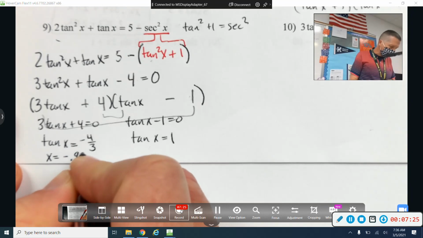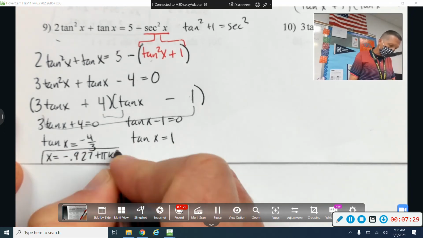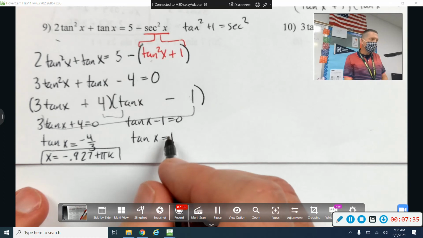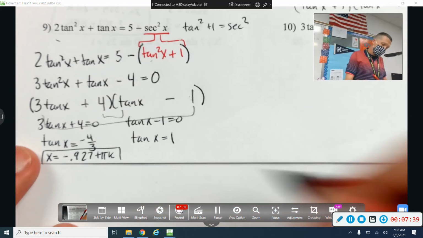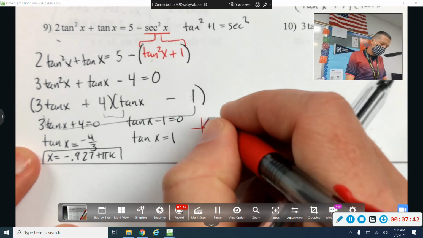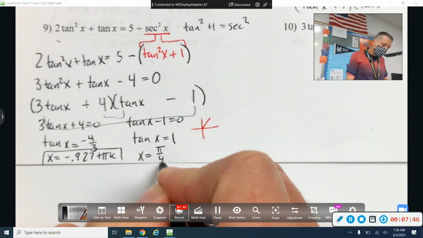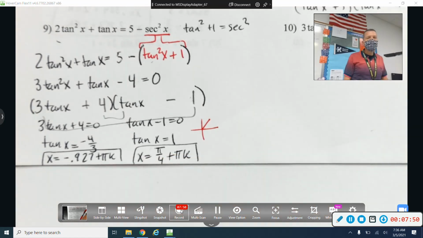Negative 0.927 plus pi k. That's part of my answer. And then tangent of x equals 1. That's on the unit circle, so I'm not going to use the calculator for that one. Tangent of x equals 1 in the first quadrant at pi over 4. Pi over 4 plus pi k.